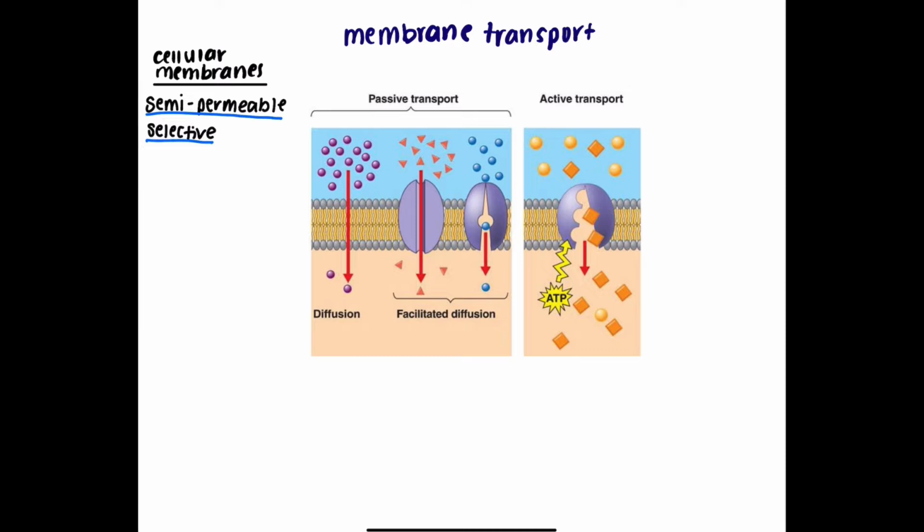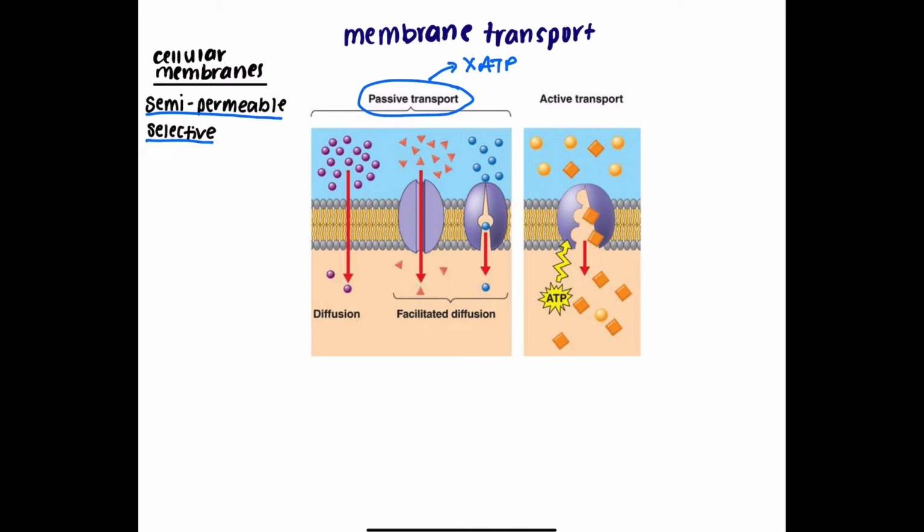We first have passive transport, which does not require ATP, which is basically energy to move materials. Due to this, it usually occurs along a concentration gradient, so from high concentration to low concentration. And there are three main types of passive transport.